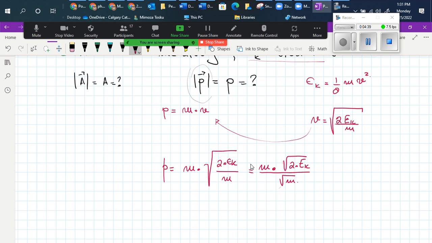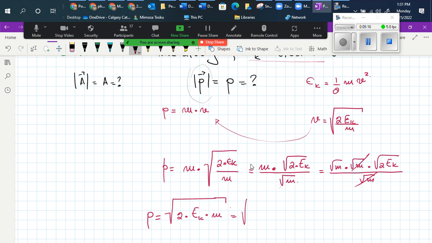And then root mass and mass can be simplified, because mass is actually a root mass times a root mass times a root of 2 kinetic energy over root mass, and then root mass and the root mass is canceled out. So the magnitude of the momentum as a formula now will be the square root of 2 times kinetic energy times the mass of the object.